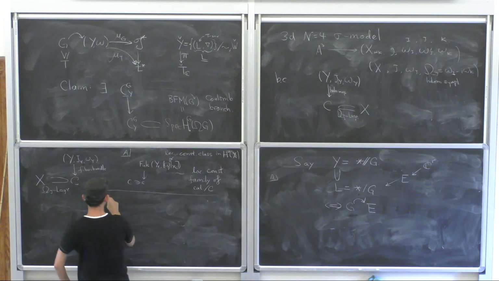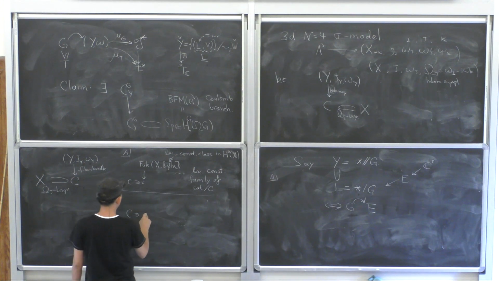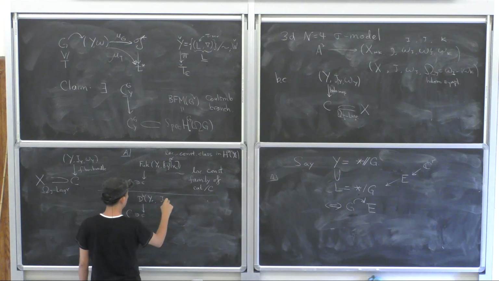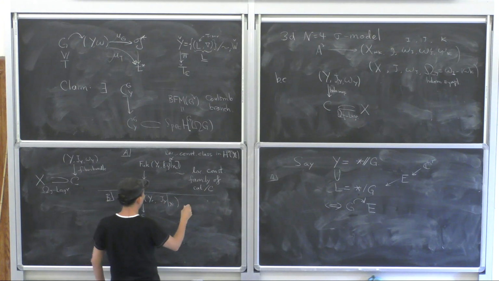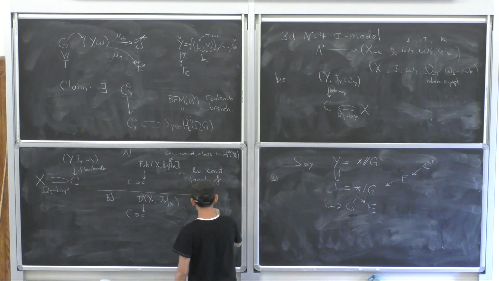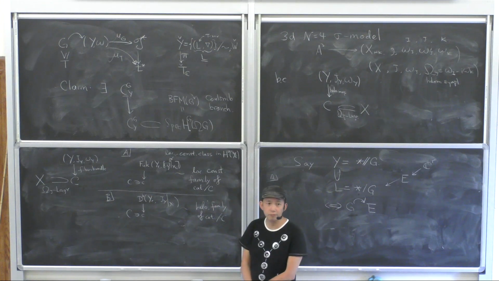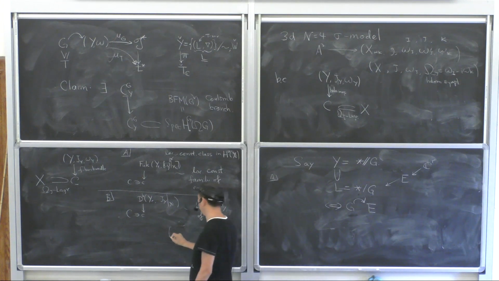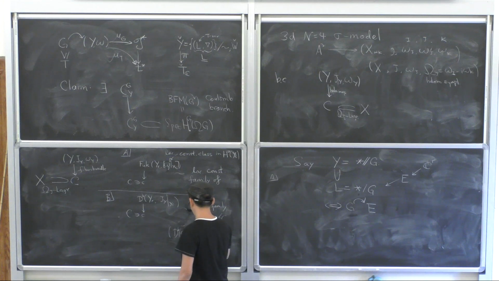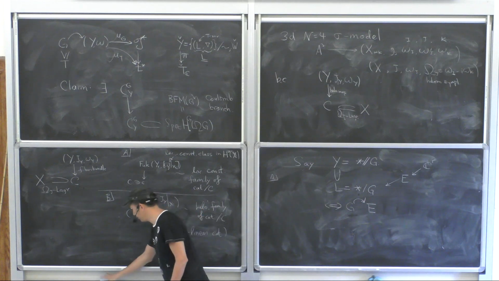And the same if you do it on the B side, this is a holomorphic family of categories parameterized by C. So you can think about it as a DG linear category, if you like. The B side is much easier to describe.